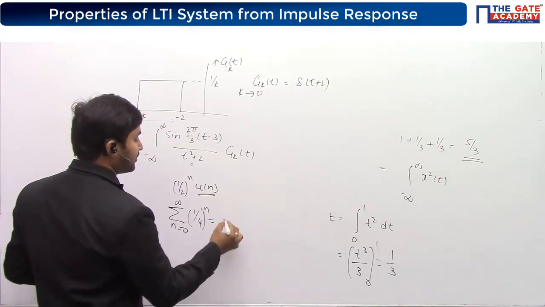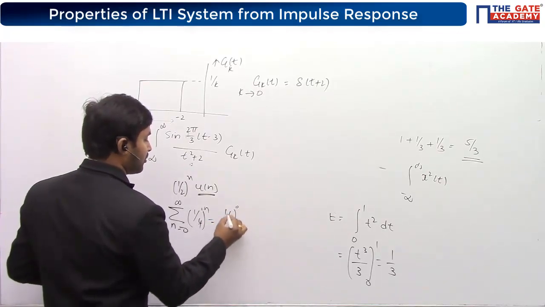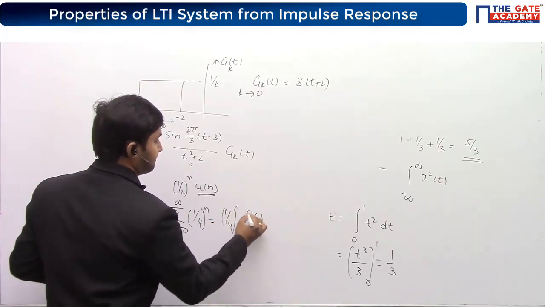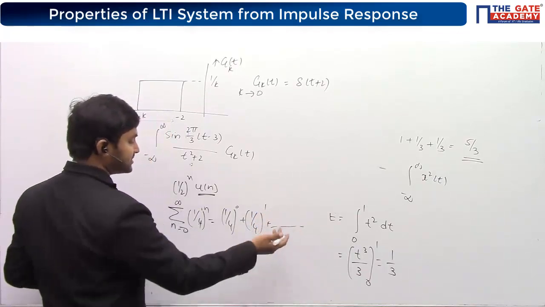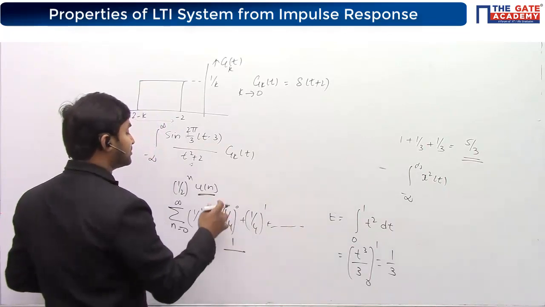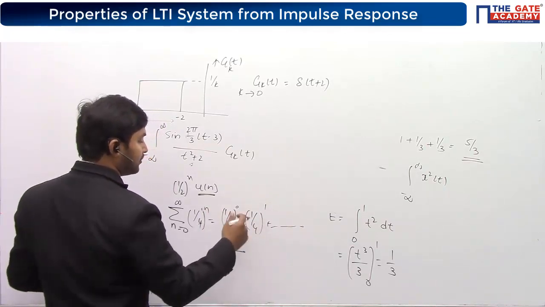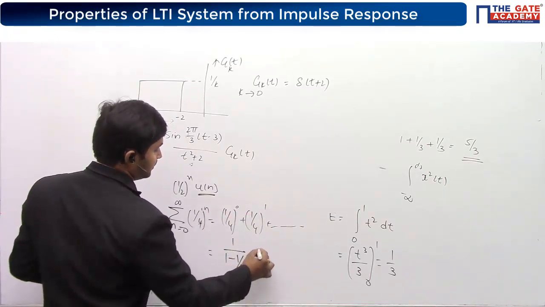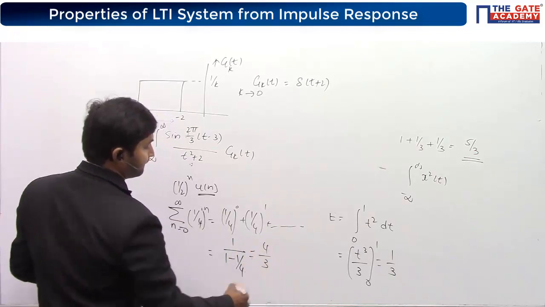So it is 1 by 4 power 0, 1 by 4 power 1 and so on till infinity. It's a GP series of infinite terms, a, which is the first term, divided by 1 minus r. What is r? 1 by 4. So it is going to be equal to 4 by 3.